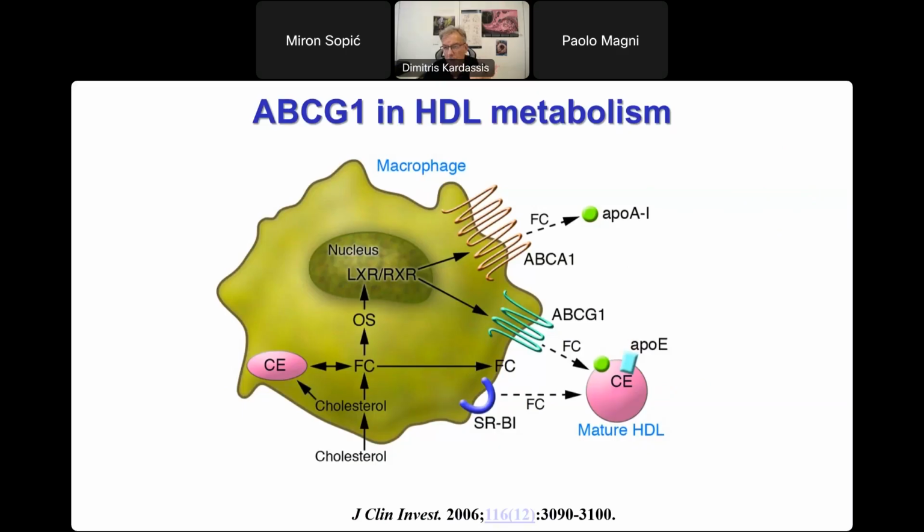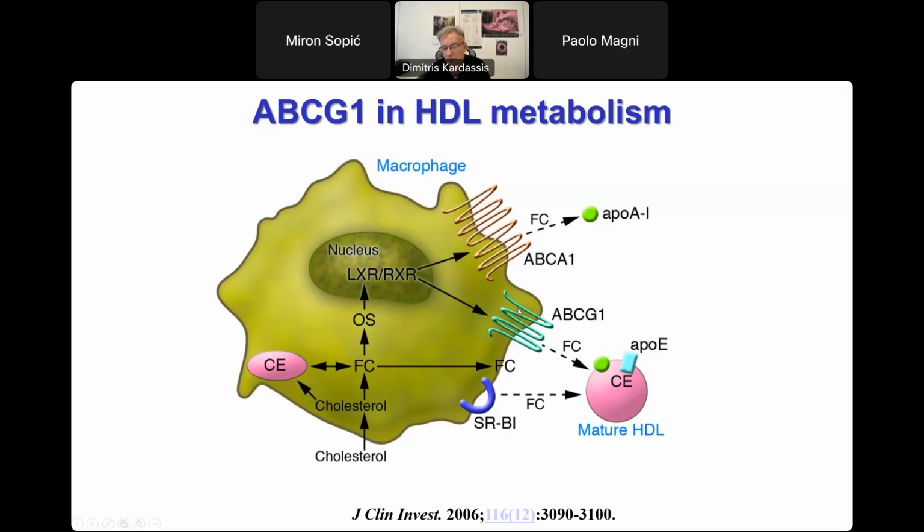First of all, for those of you who are not in the HDL field, ABCG1 is a lipid transporter which is expressed in many tissues, but is also expressed in macrophages, which play an important role in atherosclerotic plaques. So this is the ABCG1 gene. It's a transporter. It is activated by cholesterol and its hydroxylated derivatives, which are called oxysterols.